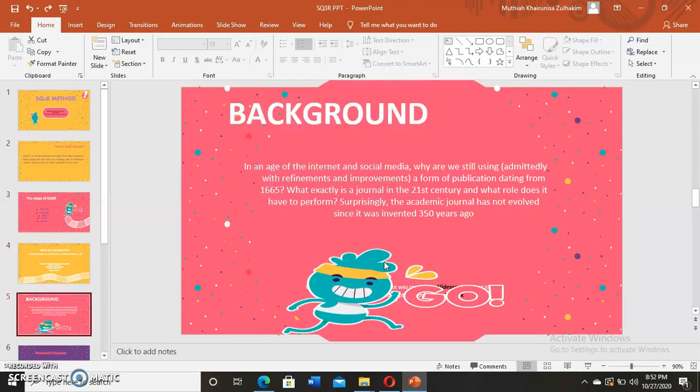And the background: in the age of the internet and social media, why are we still using a publication dating from 1665? And what exactly is a journal in the 21st century? And what role does it have to perform? Surprisingly, the academic journal has not improved since it was invented 350 years ago.